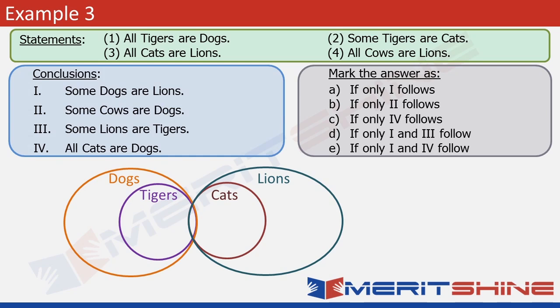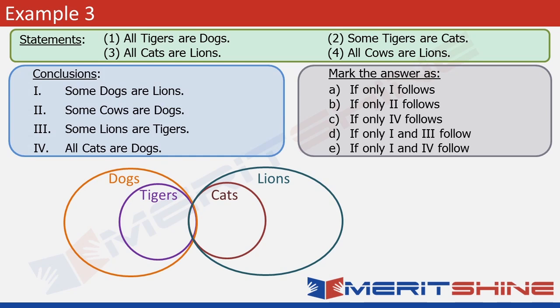That's the easy part. But when we drew lions, we ensured that lions intersects with tigers and dogs only to the extent that cats allows. So lions intersects with tigers and dogs only because the set of cats is already intersecting with it. And since all the cats are contained within lions, lions will also have to intersect with it.